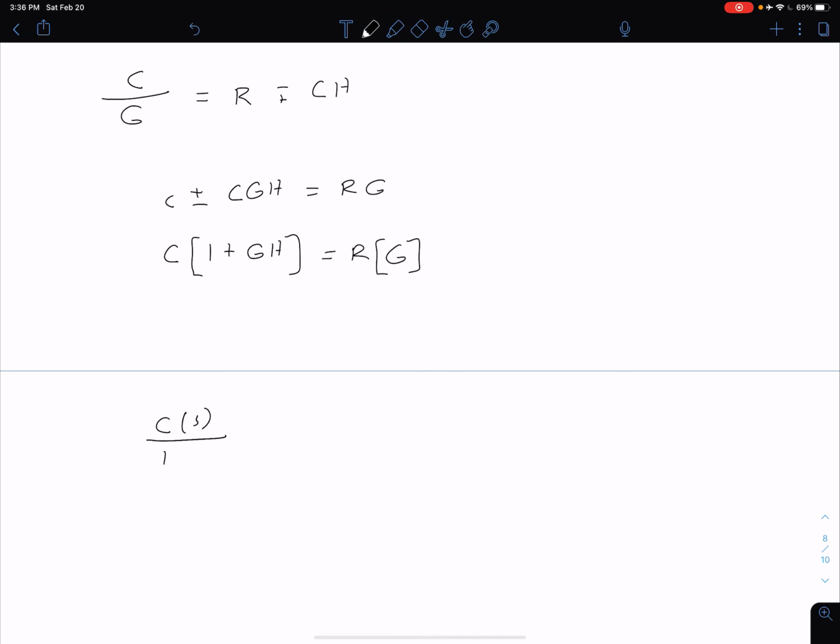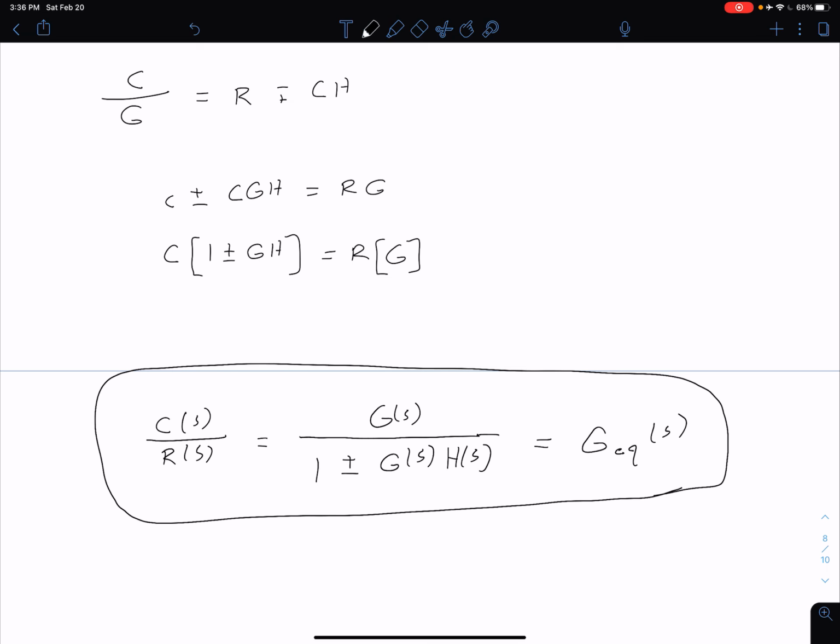So we have C of S divided by R of S, and that's just going to be G divided by 1 plus G times H. Or, sorry, I've lost my minus, plus minus. So we have G of S in the numerator from the right side here. And now we have 1 plus minus G of S times H of S. And so this is going to be equal to our GEQ.